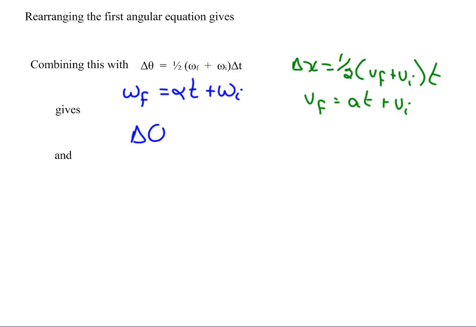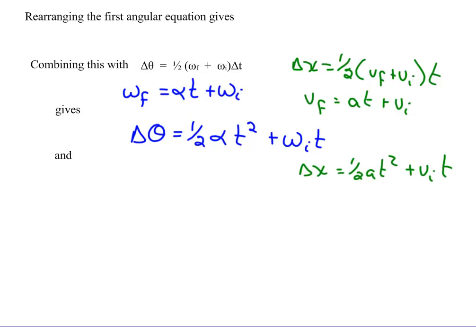We have change in theta equals 1/2 angular acceleration times change in time squared plus initial angular velocity times time. That corresponds to delta x equals 1/2 acceleration times time squared plus initial velocity times time.